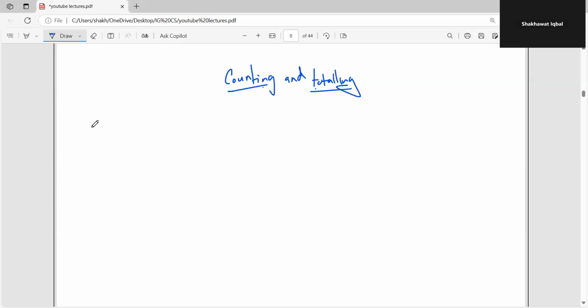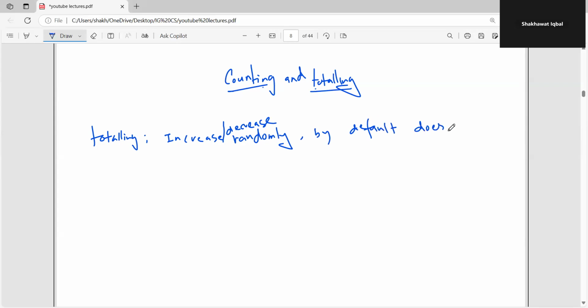First, we start with totaling. Totaling increases or decreases randomly, and by default does not depend on condition.